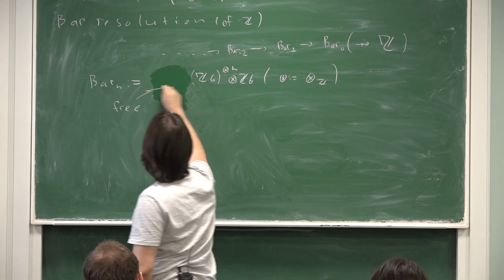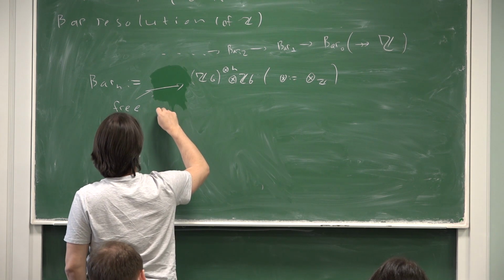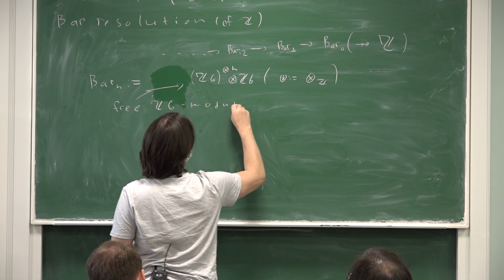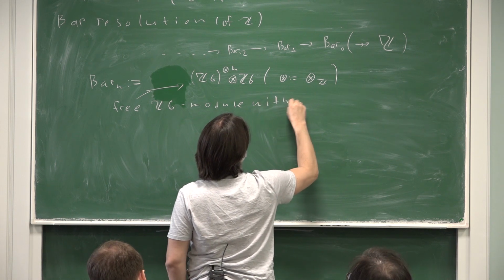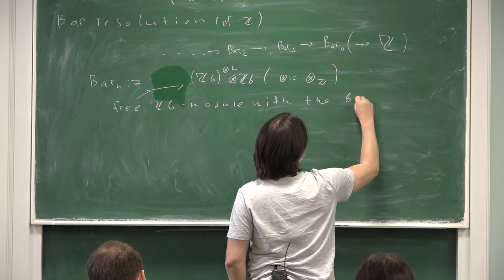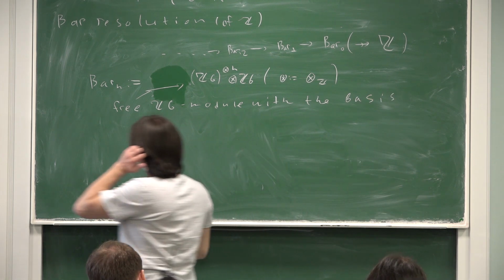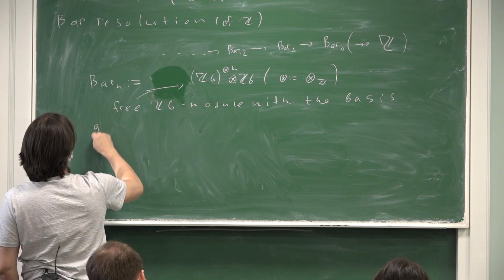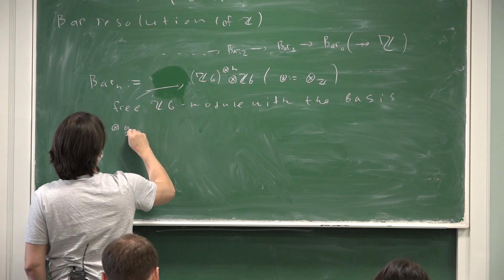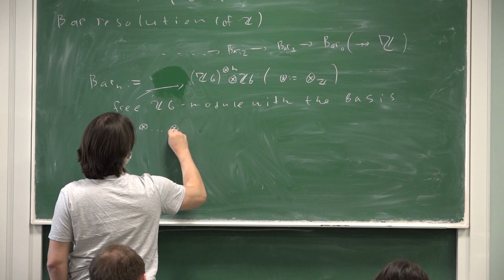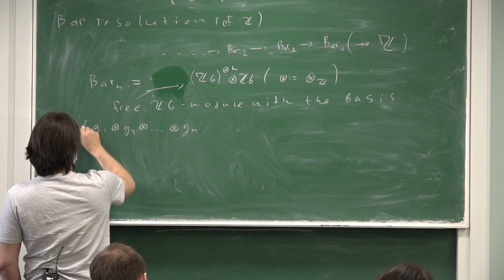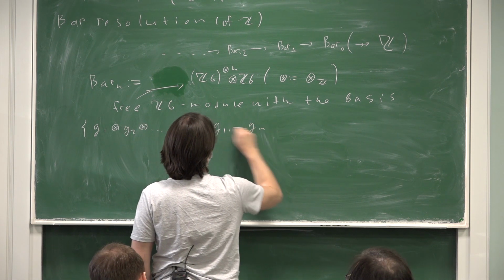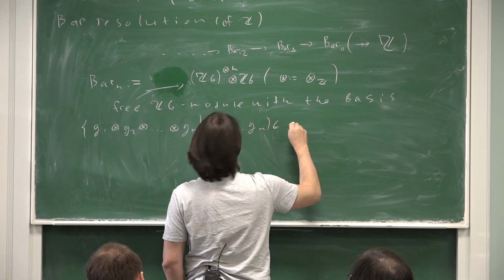And in this way, this guy is a free Zg module with the basis G1 tensor G2 tensor, and so on, tensor Gn for all n-tuples G1, ..., Gn from G.